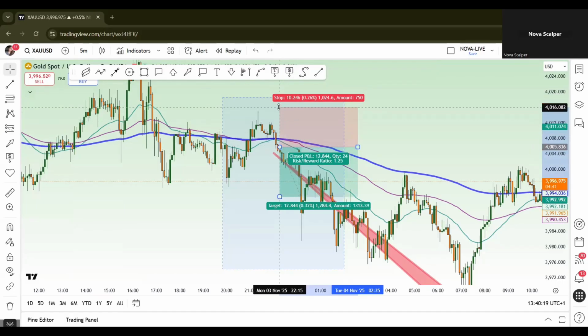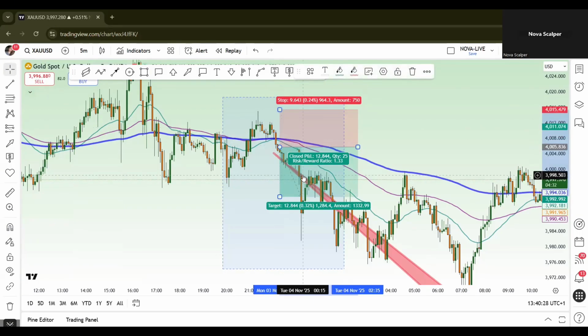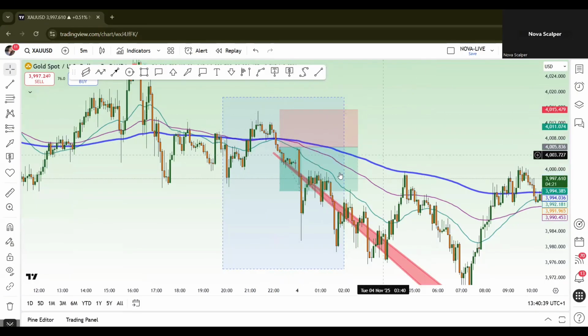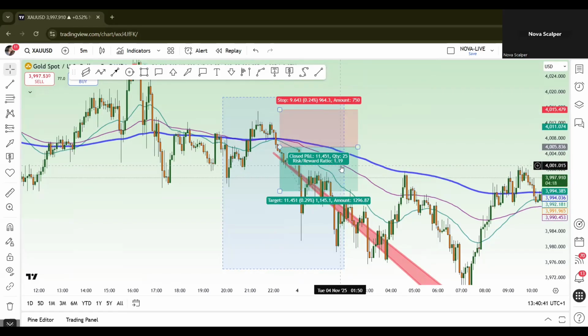And the stop loss we will set at the current peak, the nearest high, which is 40.15. And the take profit is set at the nearest low, which is 39.77. And obviously you can see that the risk reward ratio is 1 to 1.1.